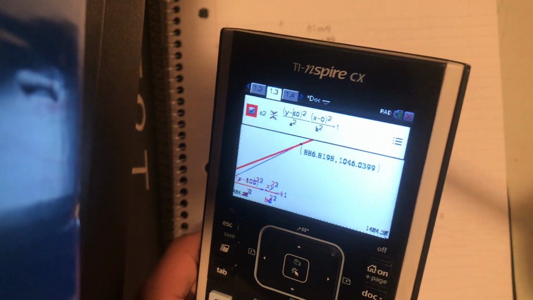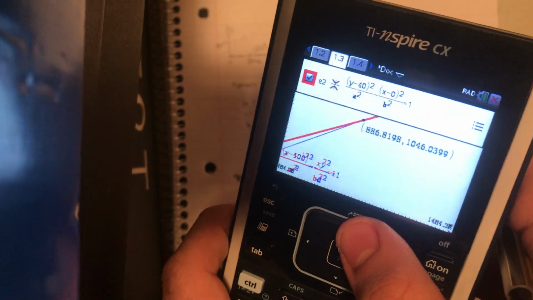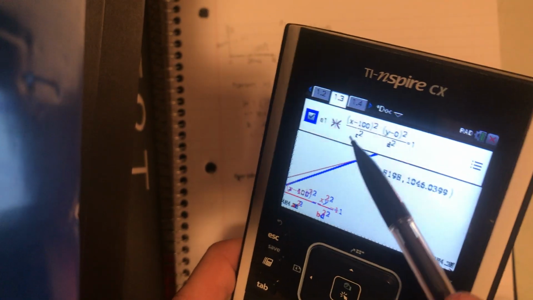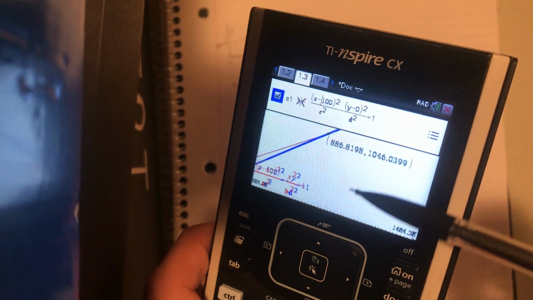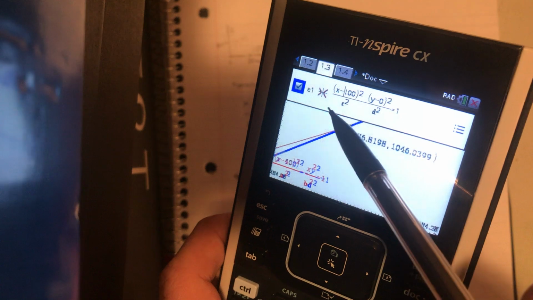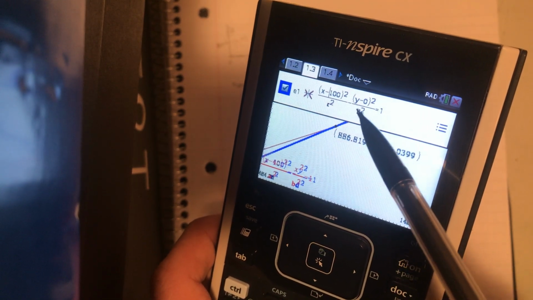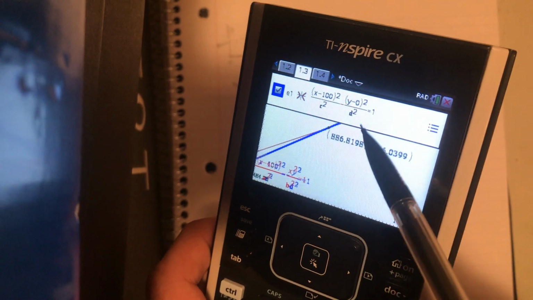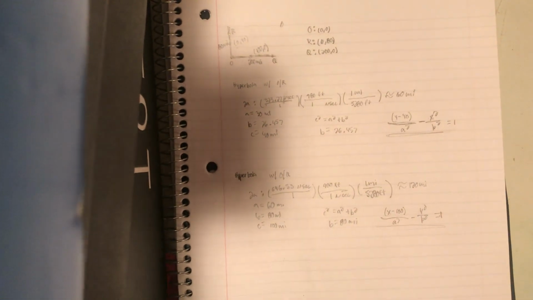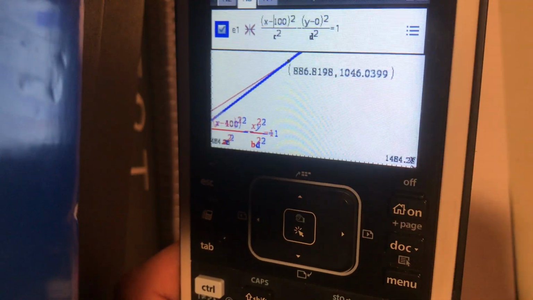It gives you the most accurate point. And then for the second equation, this is A and this is B, but since A and B were already used, I use C and D. So just A squared and B squared. So (x minus 100) squared, then minus y squared. No confusion. Alright, so the point that you'll find is that point. That's where both hyperbolas intersect.